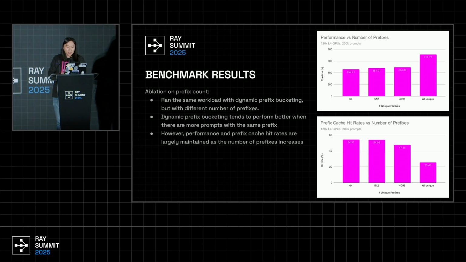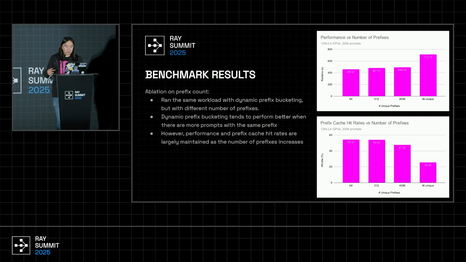We also did some tests on different prefix counts. So we have 64, 512, which I showed before, and 4096 unique prefixes, as well as testing a data set where there are no common prefixes at all.